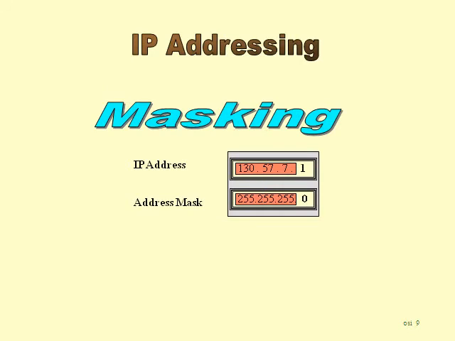Notice in this case, 130.57.7 is the network address on which we make our routing decision. We ignore the 1. So wherever you have 255.255.255, that's the portion that the routing decision is made on, and the 0 tells you to filter or ignore the 1.